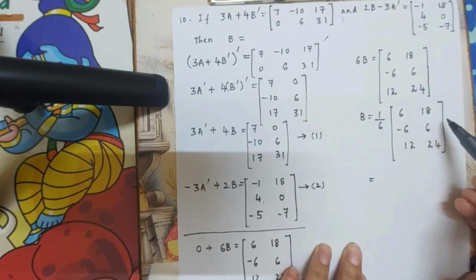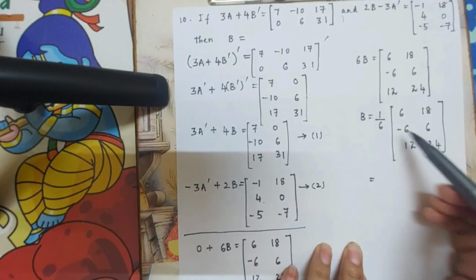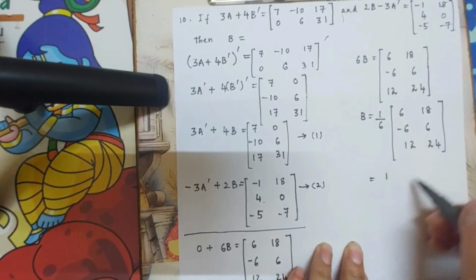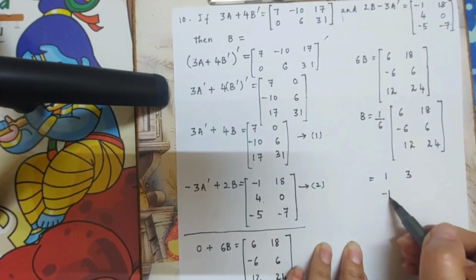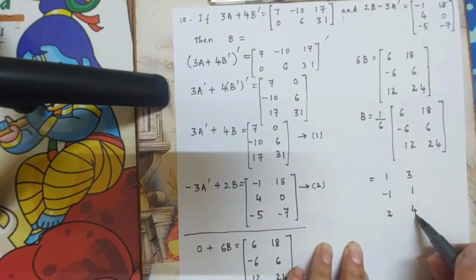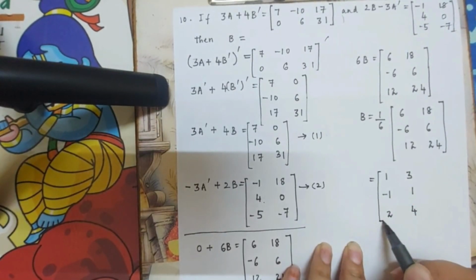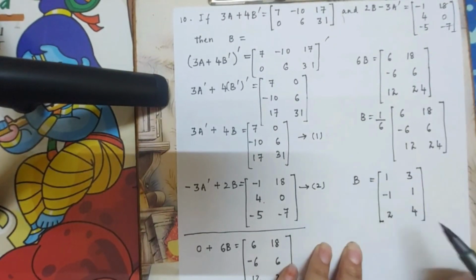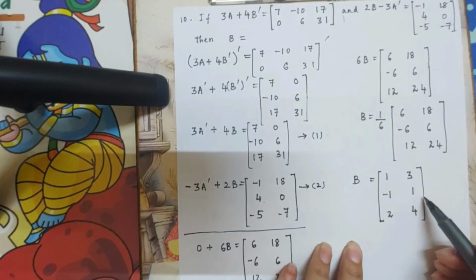So I'll be dividing each and every element of this matrix with 6. I'll be able to get this as 1, 6 3s are 18, again 6 1s are 6, this is 1, 6 2s are 12, 6 4s are 24. So the value of B is 1 3 minus 1 1 2 4.